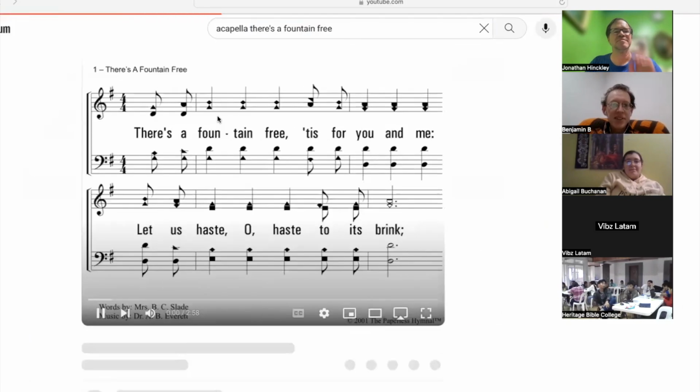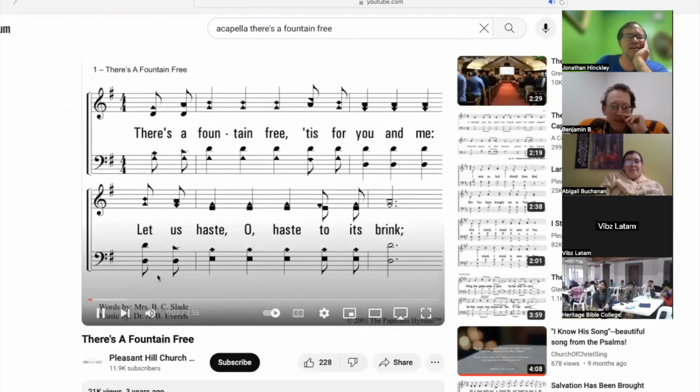What chord do we start with? 1. Do mi sol, do mi sol, right? What chord is this? 1. Do mi sol. What is this chord? 5.